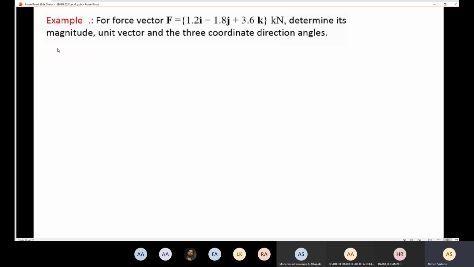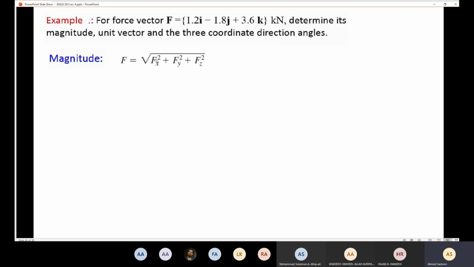So first we need to calculate the magnitude. If you remember, the magnitude of a vector is going to equal the square root of fx squared plus fy squared plus fz squared. Here fx represents 1.2, fy represents minus 1.8, and of course, since it is squared, the sign doesn't matter, and fz represents 3.6.